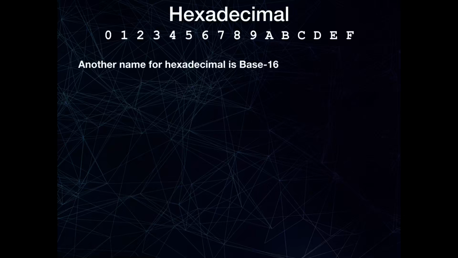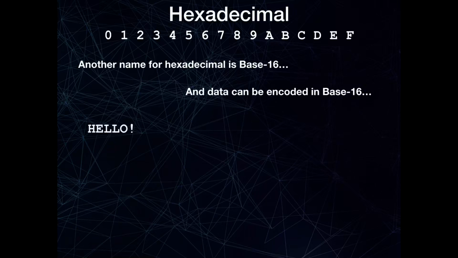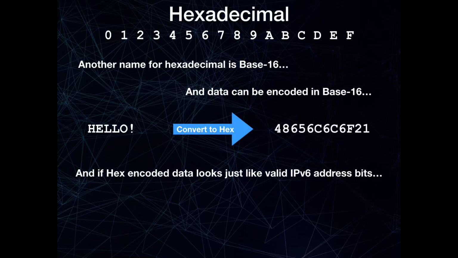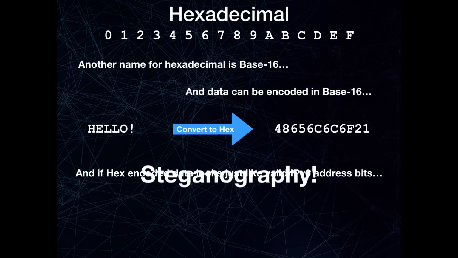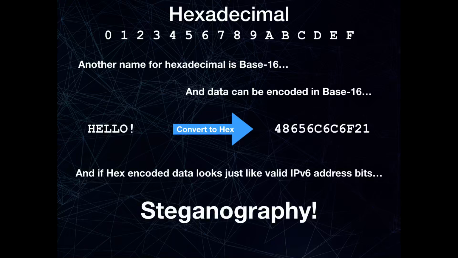We talked about how the format of IPv6's addresses are different from version 4. We use hexadecimal, and another name for hexadecimal is base 16. And you can encode data in base 16. For example, we have the word hello. In the encoded string over there, if we have it in an IPv6 packet, we have steganography.